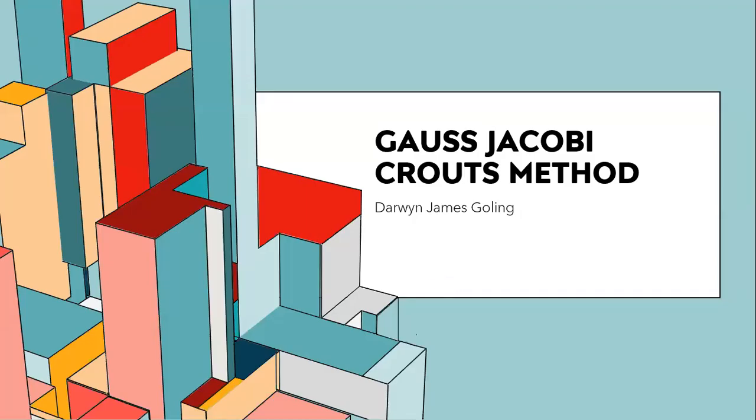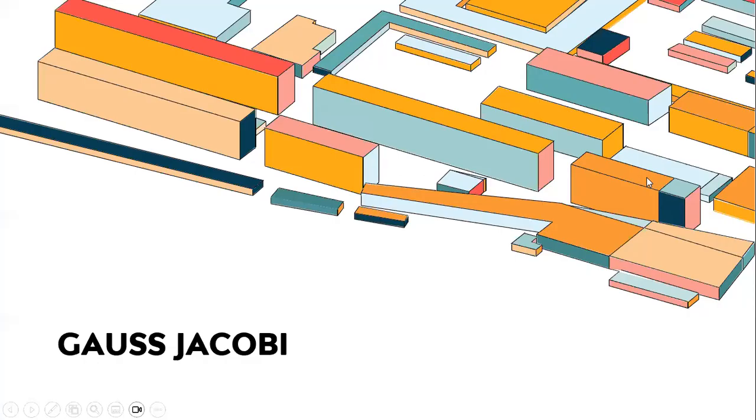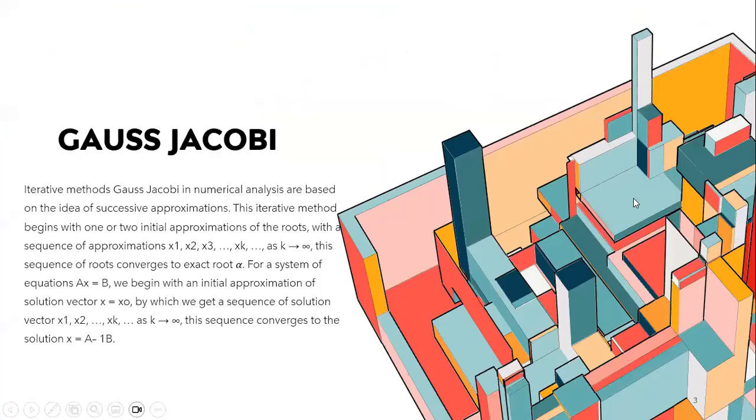For Gauss-Jacobi, iterative methods in numerical analysis are based on the idea of successive approximation. This iterative method begins with one or two initial approximations of the roots, with a sequence of approximations x1, x2, x3, and so on.